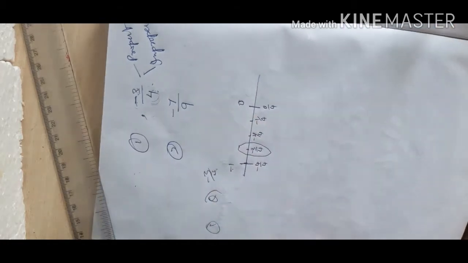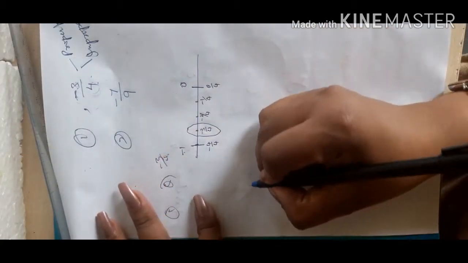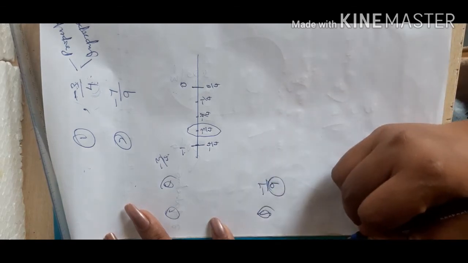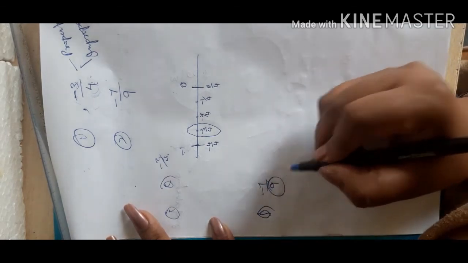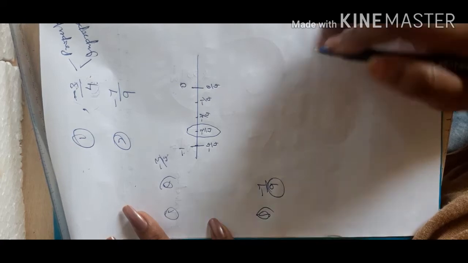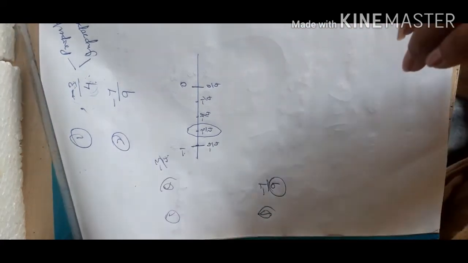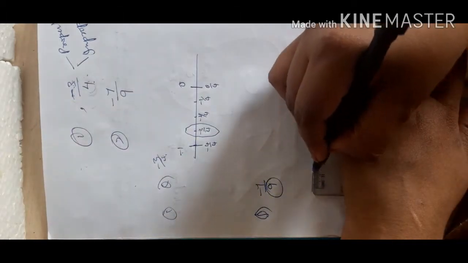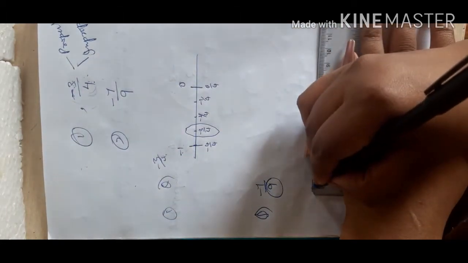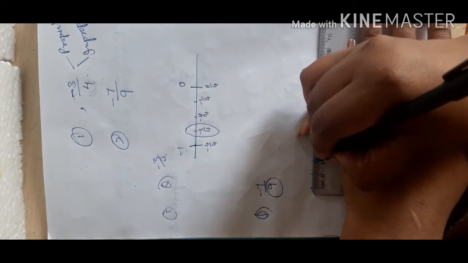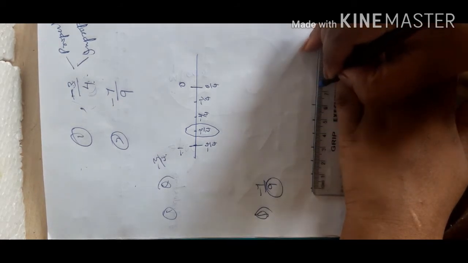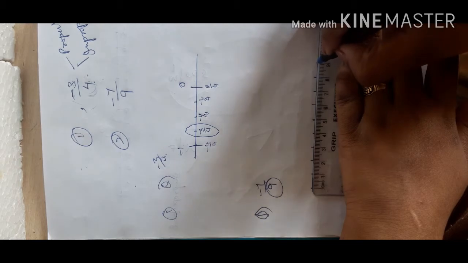Now one more example. Second question, -7/9. What is the denominator here? 9. So how many points do we need to take on a number line? Because 9 is there, we need to take 10. Okay, draw a number line first. 1, 2, 3, 4, 5, 6, 7, 8, 9, 10.